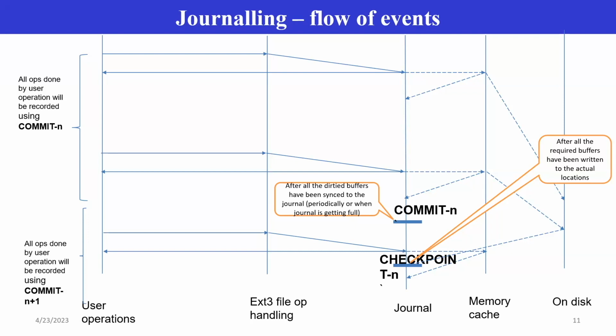If the checkpointing doesn't happen, then obviously the journal is going to get full, right? You need to make sure those data buffers actually get written to the home locations, right? So these are the two parts of the operations, the commit and the checkpoint. Is this clear?